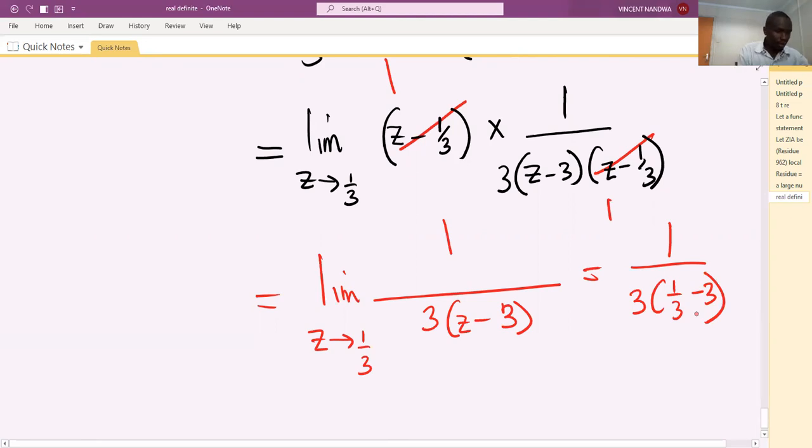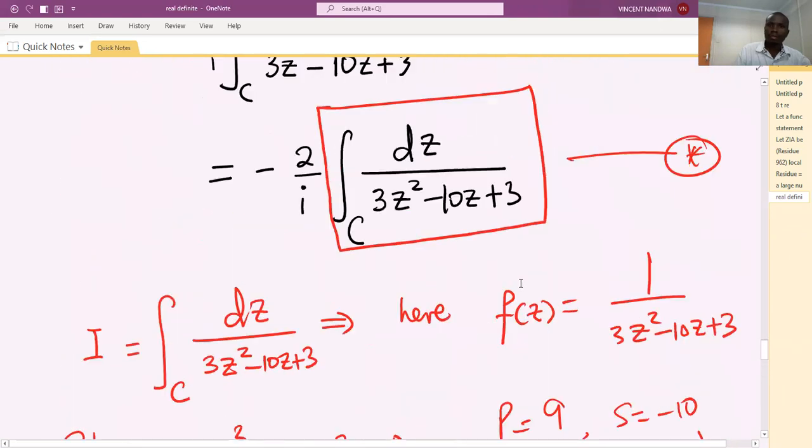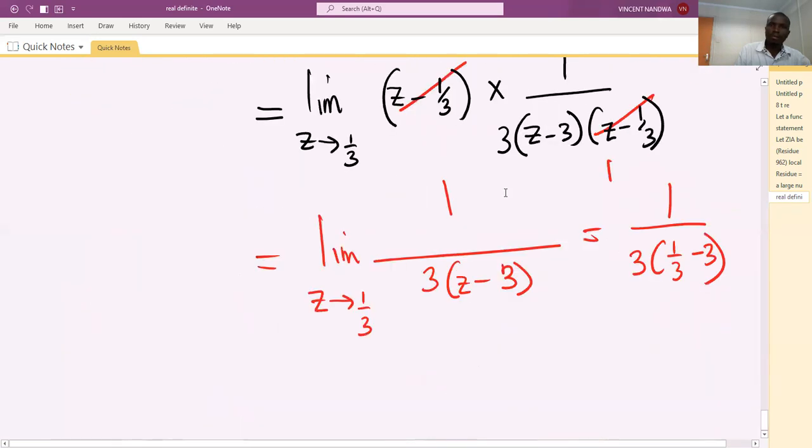So a third minus 3 times 3, so we'll have minus 1/8.